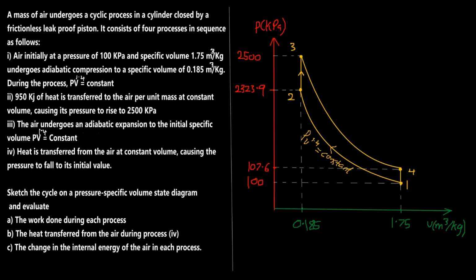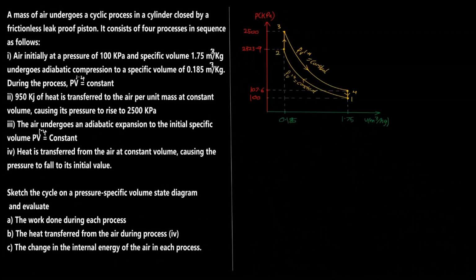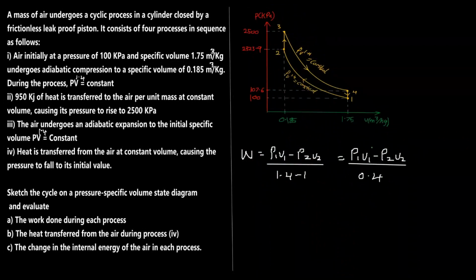To calculate the work done during each process, we have two adiabatic processes and two isobaric processes. For the adiabatic processes, the work done equals P1V1 minus P2V2 divided by 1.4 minus 1, or P1V1 minus P2V2 divided by 0.4.